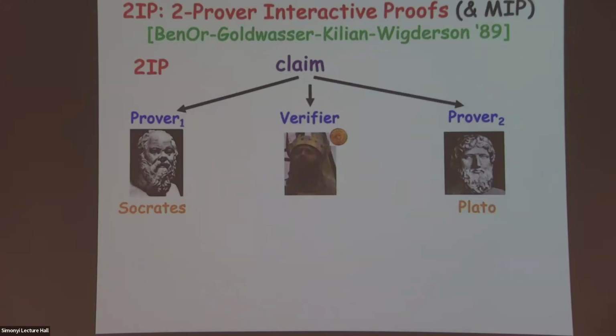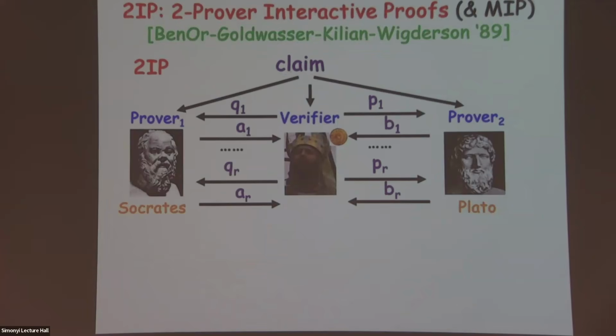But we complexity theorists went ahead and generalized this even further. Why allow only one prover? How about many provers? Let's say 2 provers. They all share a claim, and now the verifier can interact with both of them. They are not allowed to talk to each other. Maybe they are allowed to develop some strategy in advance, but after the verifier steps in, they cannot talk to each other.